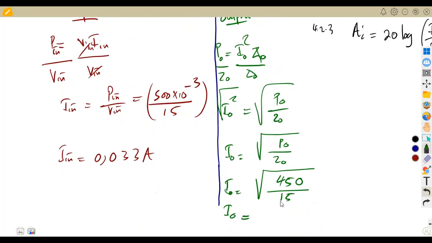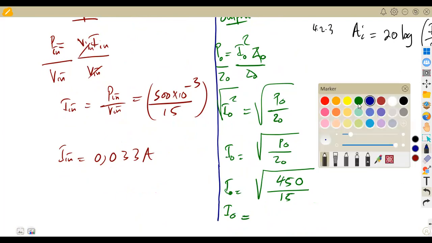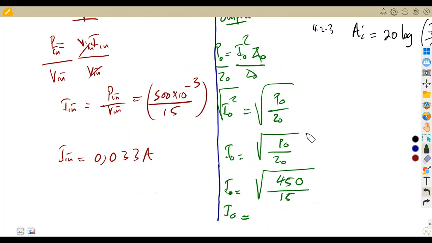This gives us the exact value, not from any rounded figure, because we took from original values. So we obtain 5,477 amps. Remember, current is measured in amps.